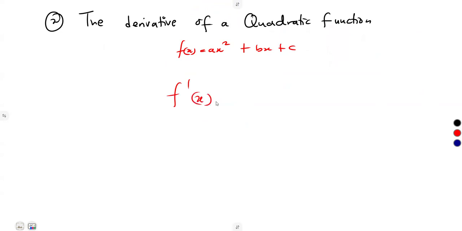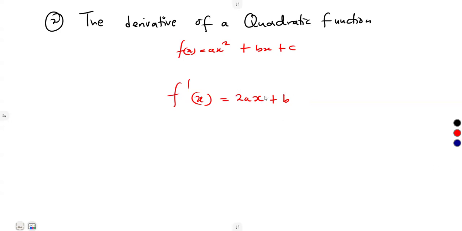So its derivative, if you're going to note, you're going to drop the power here, multiply to a, so that's 2ax, subtract 1. The derivative of a linear term is going to give us b, and a constant gives 0. Looking into this here, 2ax plus b, it is a linear function.